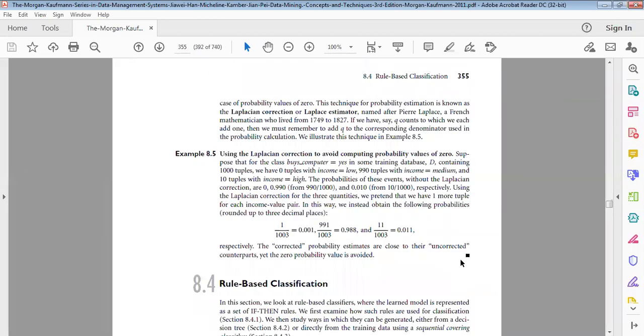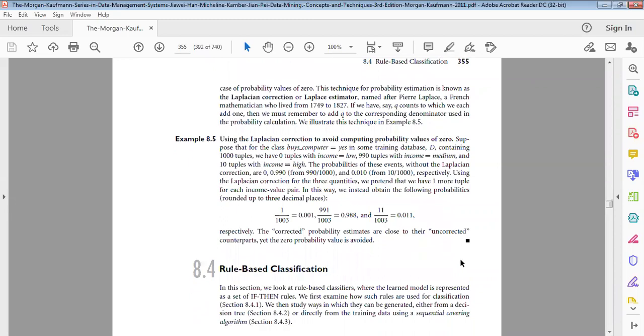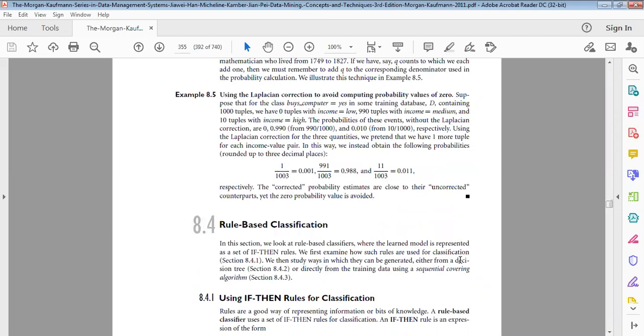So this is regarding Bayesian classification, and in a similar way you can use rule-based classification also. In the rule-based classification, you have to use if-then rules of classification. If-then rules mainly you have to represent here. What are the rules you have to use?